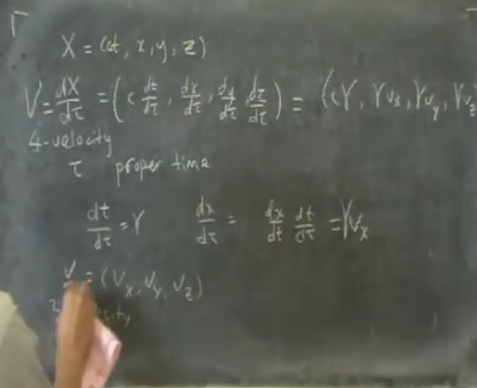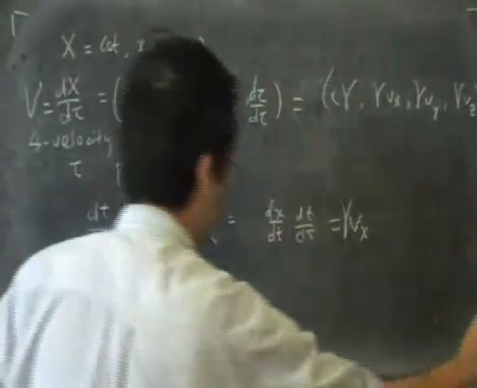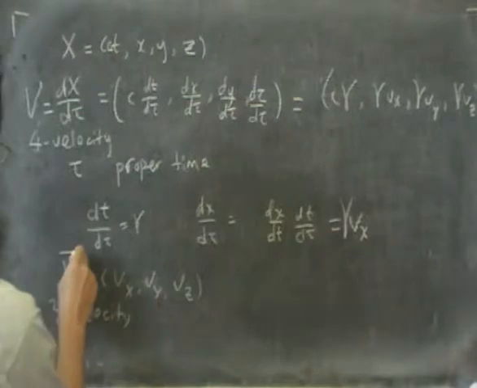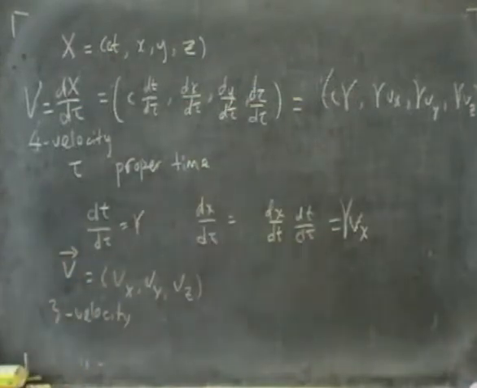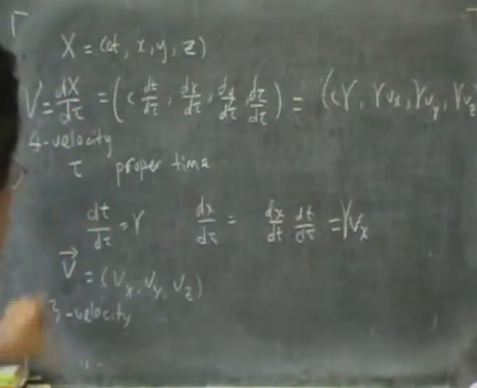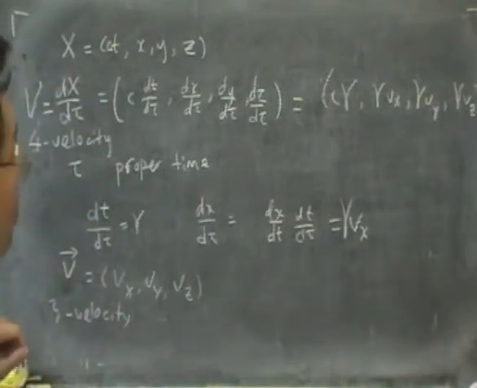I'm used to putting a squiggle underneath for the vector. But the other way to do it would be to have an arrow on top, which might be more obvious. So I'll use this notation for a vector. So that's a 3 velocity.